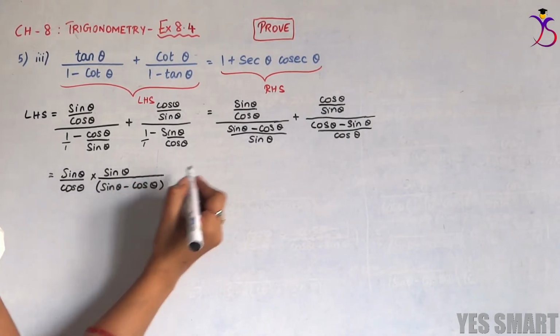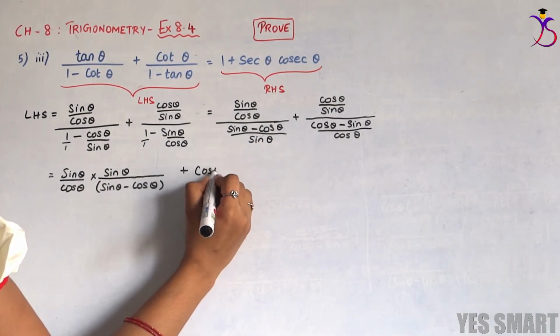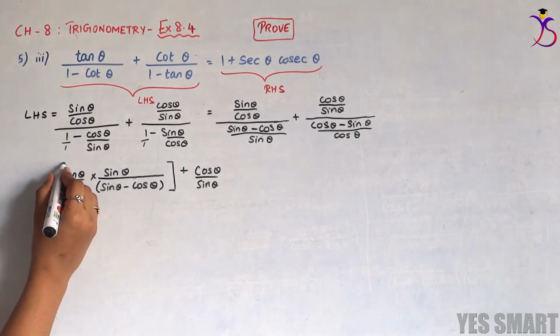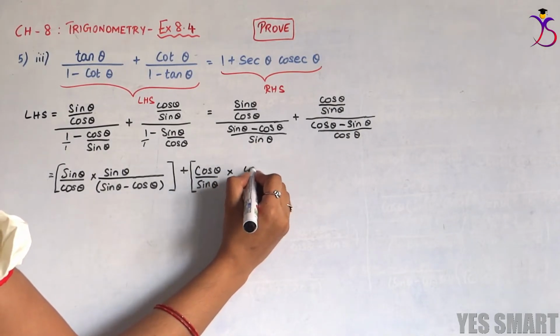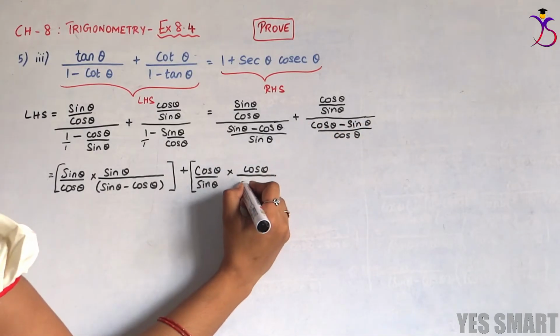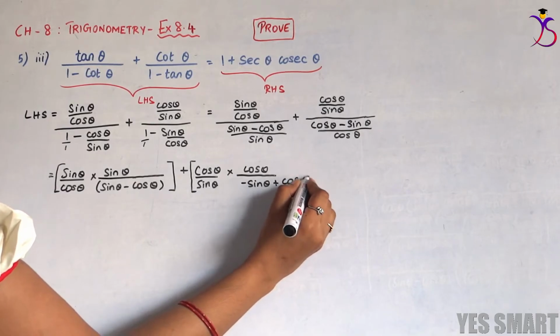Since it is divided by, I am just doing a reciprocation. Similarly for the second term. So this will be the first term, this will be the second term, into cos theta divided by this cos theta minus sin theta. I am just rearranging and writing minus sin theta plus cos theta. Since this division is changing into multiplication, we are reciprocating the second term.